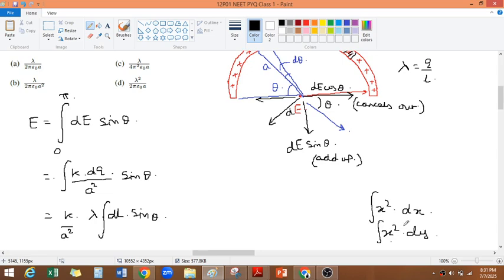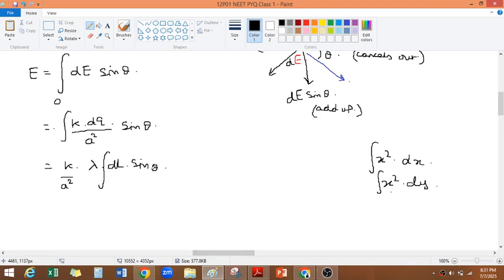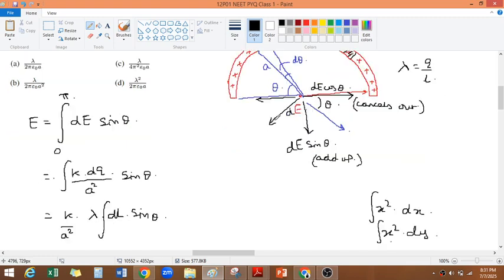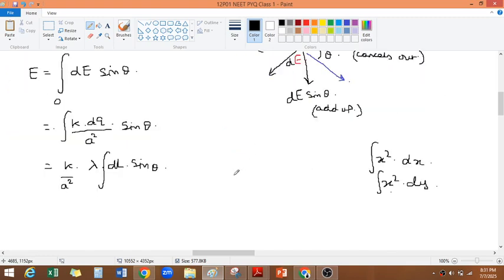You have to think like this in your mathematics. So dl and theta are not in the same terms, so dl must be written in terms of d theta. So what is the sector formula? dl is equal to radius into d theta. Sir, how is dl equal to a into d theta?